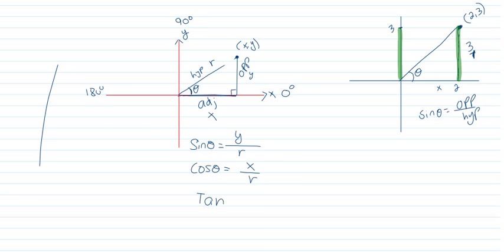Which is? Good. Now, this is going to be useful to me because then it's going to tell me why they're positive in some cases and why they're negative in other cases.